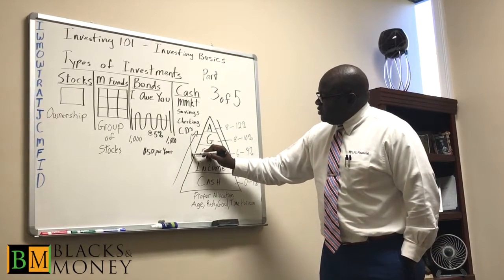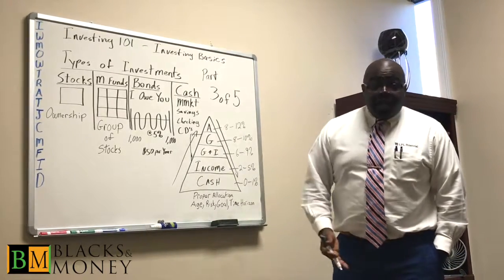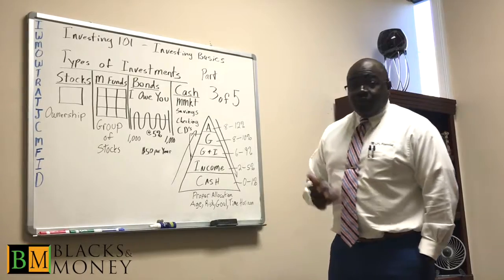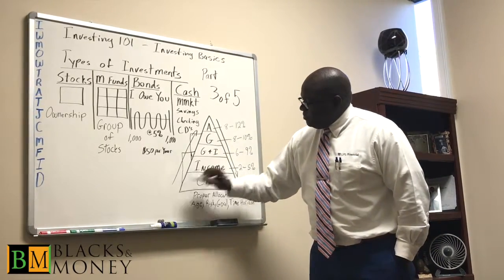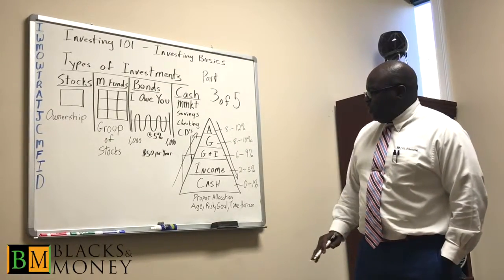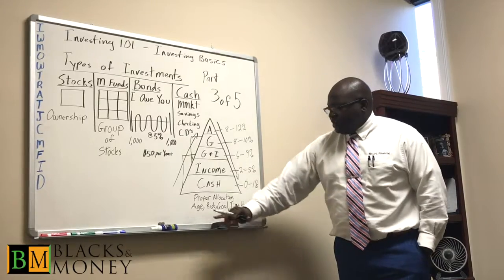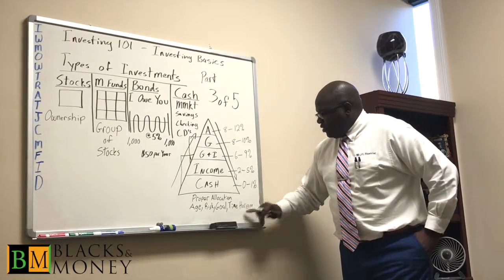Maybe even a little income just to kind of balance out your portfolio. You're 85, you can't afford to be losing money. Now we've got a little bit of growth and income, a lot of income and a lot of cash investments. That's kind of how you work along this pyramid for proper allocation. You want to consider your age, your risk tolerance, your goals, and your time horizon.